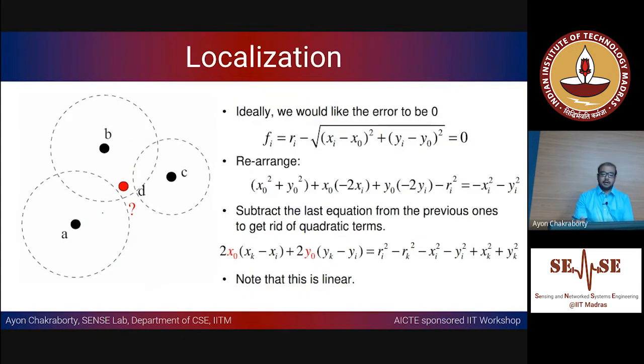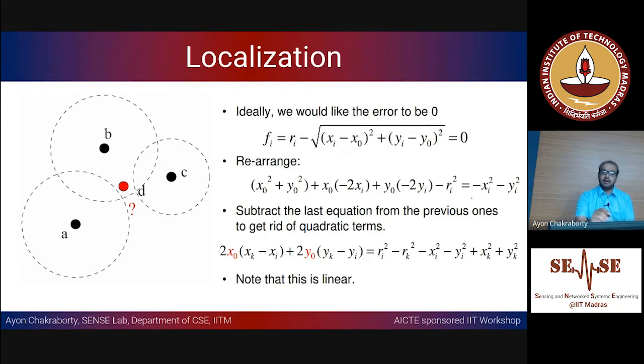Now, ideally, as I told you, we would like the error to be 0. So fi, which is xi minus the square root of this thing, is equal to 0. If we do some rearrangement, take a square, take Ri on the other side, square both sides, and expand the terms, you get this particular equation: x naught square plus y naught square, minus 2xi x naught, minus 2yi y naught, minus Ri square, is equal to minus xi square minus yi square.